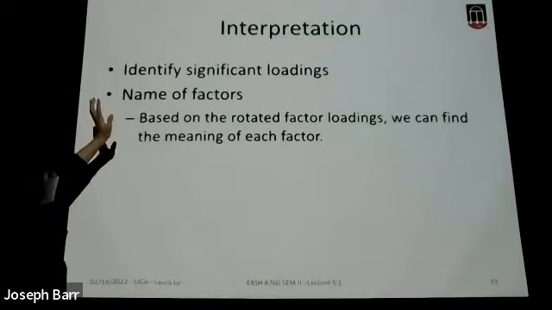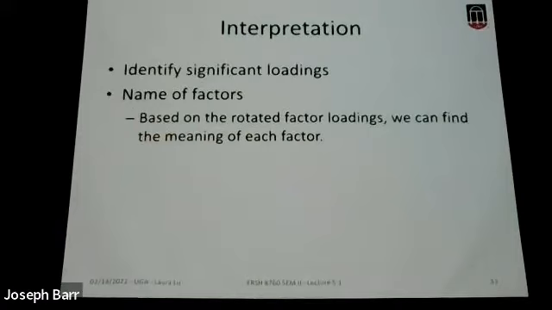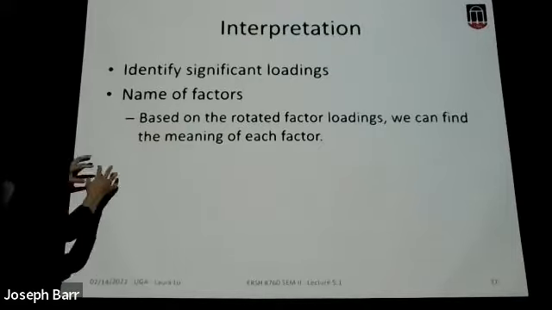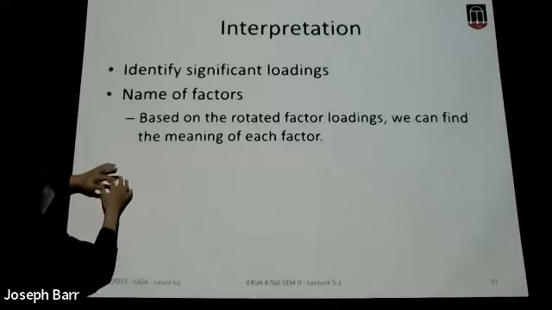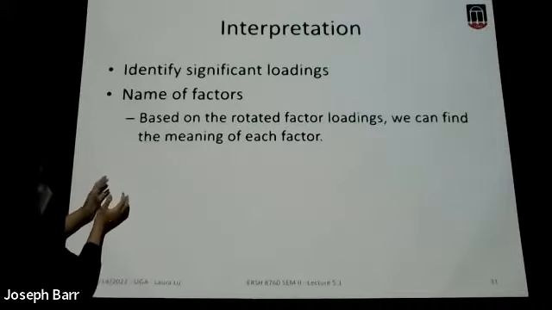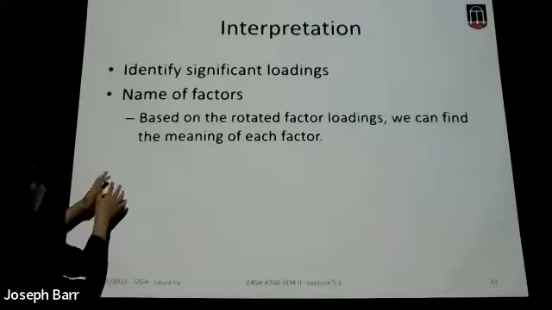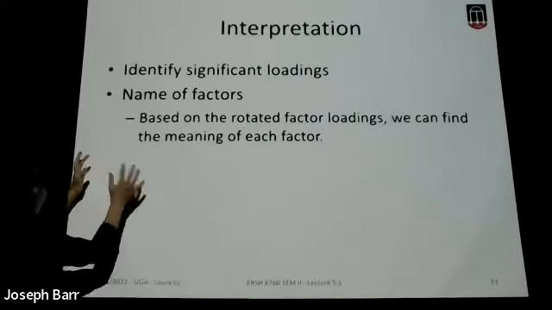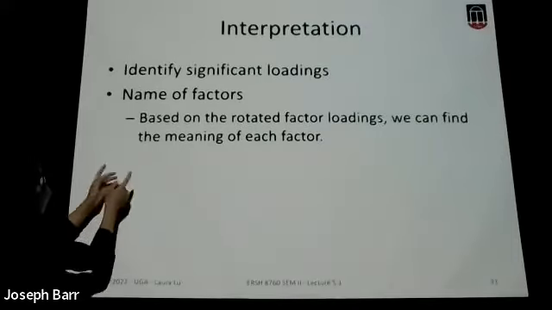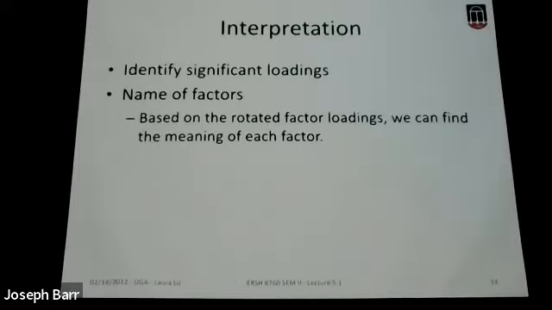The last step is to name those factors by looking at the meanings of those items. You're going to figure out the meaning of these factors. We have some group of items together, so what is this group for? We are trying to measure the same factor, so what is the name of the underlying factor? You should give a name to similar items.